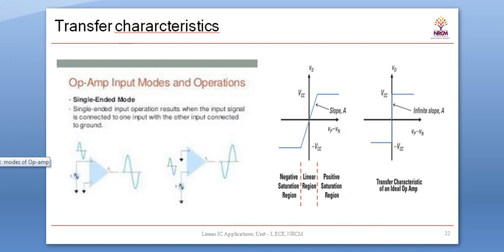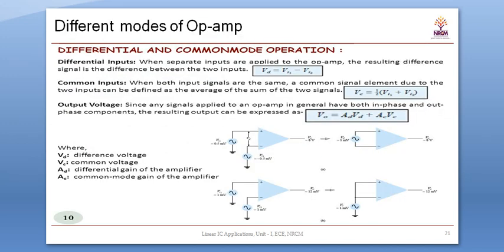If you go for the double ended mode, it is also called differential mode. In the differential mode of operation, you are applying voltages to both the input terminals, that is, to the inverting input terminal as well as to the non-inverting input terminal. The voltages are generally not equal, and the difference between these two voltages is taken out.